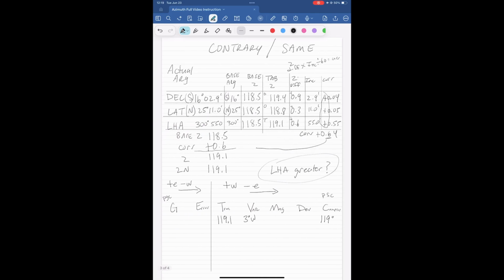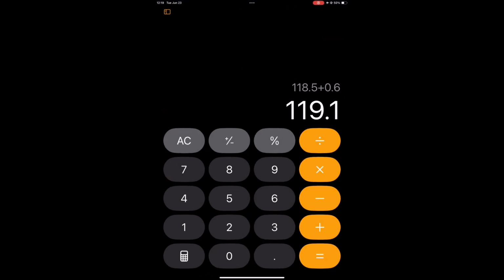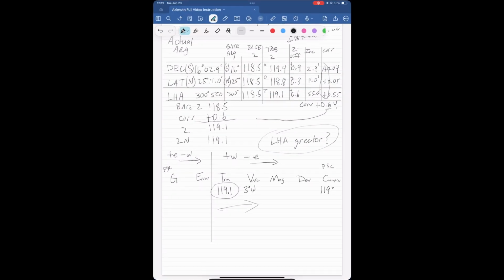So now it's easy. I can just do addition or subtraction. 119.1, and we have 3 degrees west. So west, we're going to add. 119.1 plus 3 degrees is 122.1. 122.1 is my magnetic.